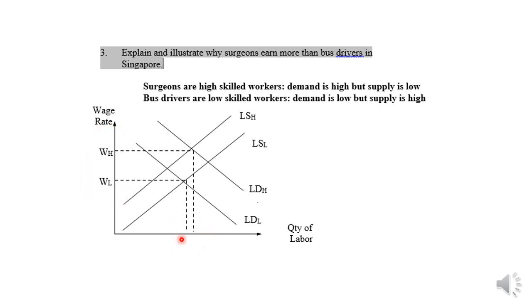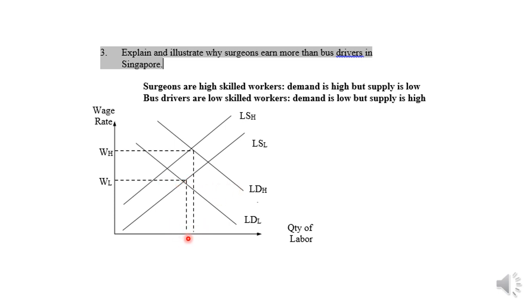Now in this case, you see that the equilibrium point of the high skilled workers is on the right side, so it seems as if there's more of them in the market. But it's just the way that we draw the diagram. If we draw the supply of low skilled workers higher, then the equilibrium point for the low skilled workers will probably be on the right side. So the quantity doesn't really matter.